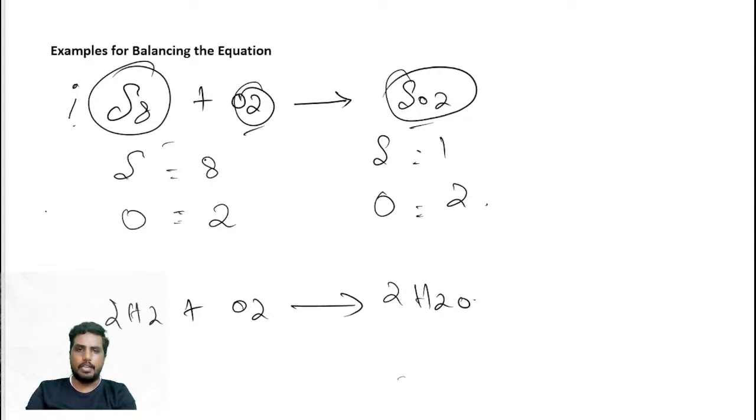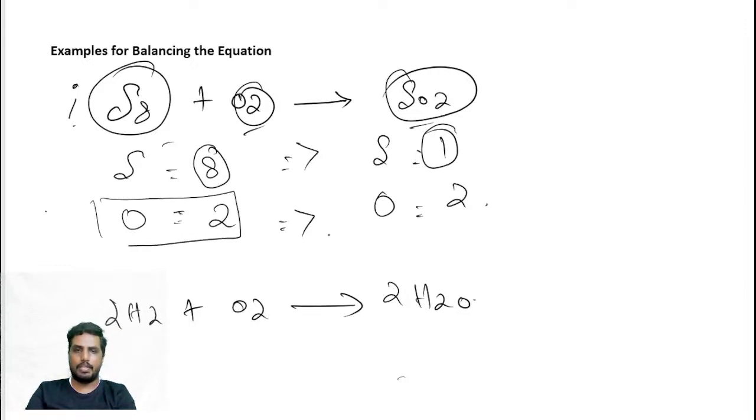On the reactant left-hand side you can see 8 sulfur, and here only 1 is there, which is not equal. In oxygen, both are equal. Now I need to do the equalization. I have already told you that you can change only the coefficient, meaning you can write a number before the element to match it.